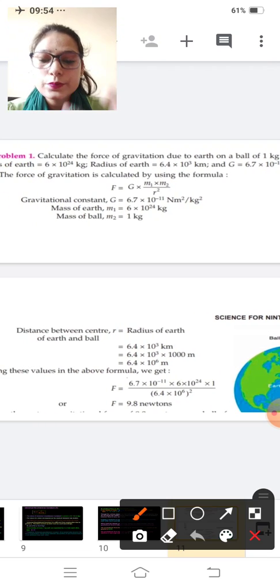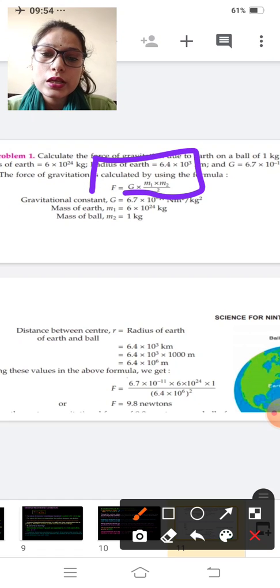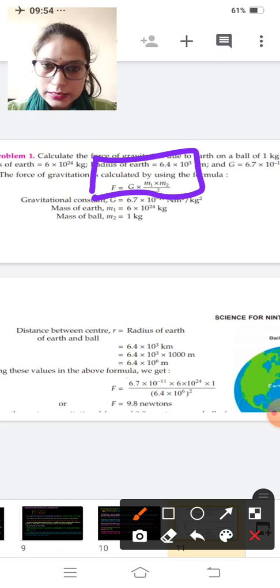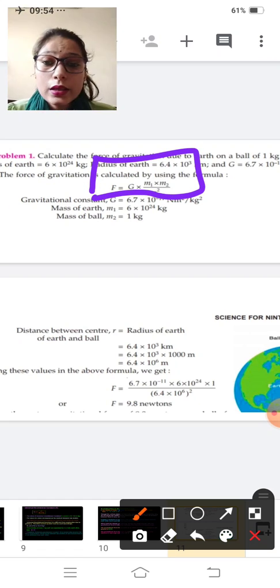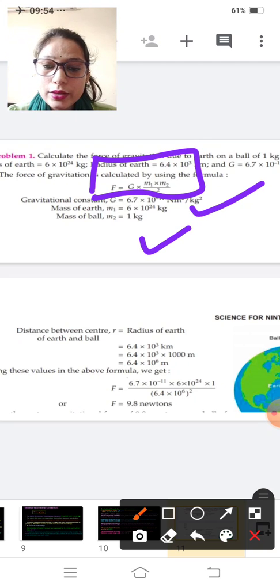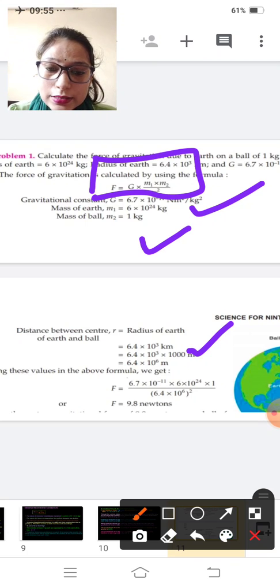So we know that F is equal to G into M1 into M2 upon R square. We have the M1 value, we have the M2 value, and we have the radius, that means the distance.